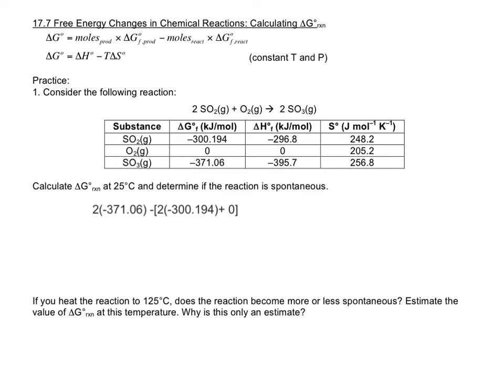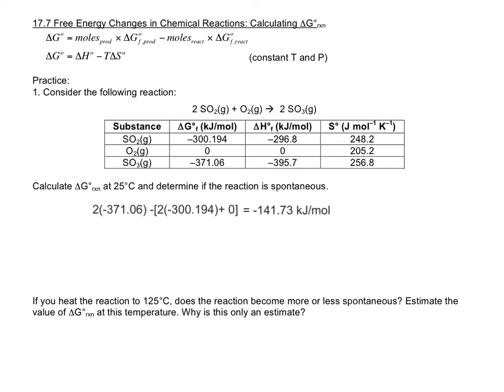All right, and now we can add all of that together, and we get negative 141.73 kilojoules per mole. And it asks if this reaction is going to be spontaneous, and the answer is yes, because we have a negative delta G. So if we heat the reaction to 125 degrees, does this reaction become more or less spontaneous? And estimate the value of delta G for the reaction at this temperature.